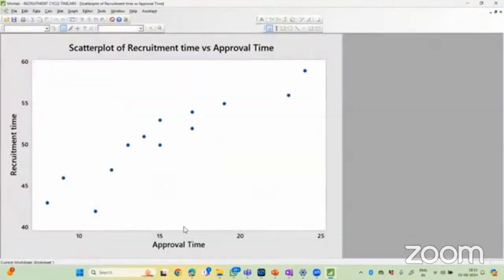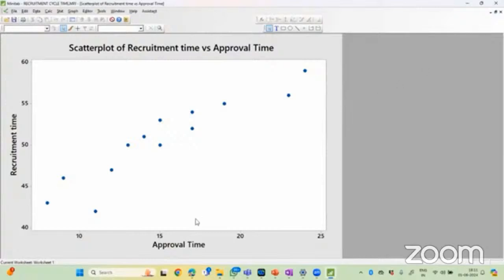So I'll plot the data and it appears that as the approval time is increasing, recruitment time is also increasing. So there is a positive relation, means both of them are increasing simultaneously. If the approval time was increasing and the recruitment time was decreasing, I would say it's a negative relation, means one increases, another decreases. In both the cases, there is a relationship.